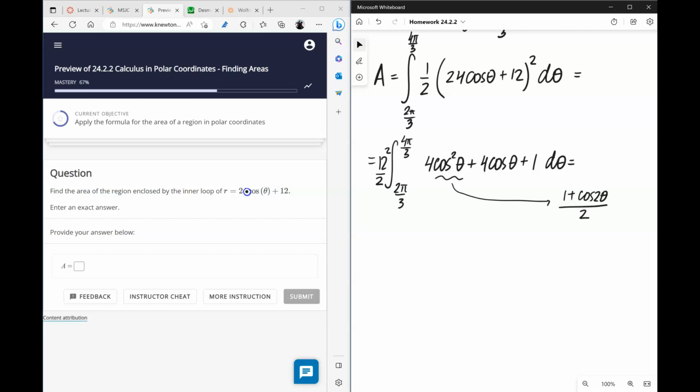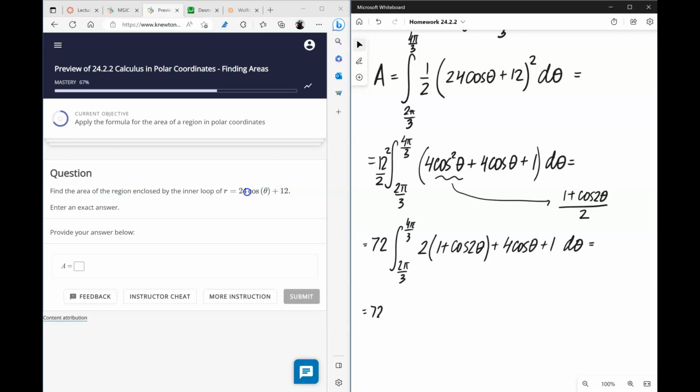And we're going to continue. So 12 squared is 144, and 144 divided by 2 is 72. So I have 72 times the integral from 2 pi over 3 to 4 pi over 3. Here we have 4 times that, so the 2 is gone, and we have 2 times 1 plus cosine 2 theta, plus 4 cosine theta plus 1.